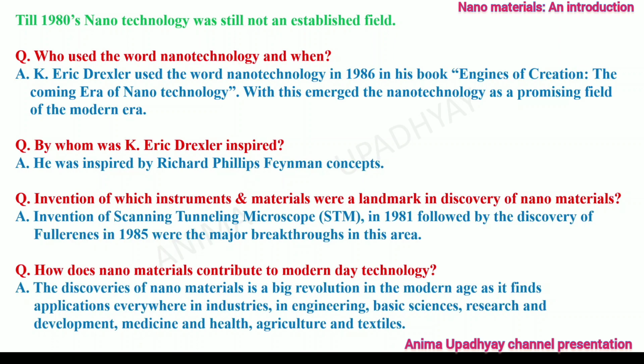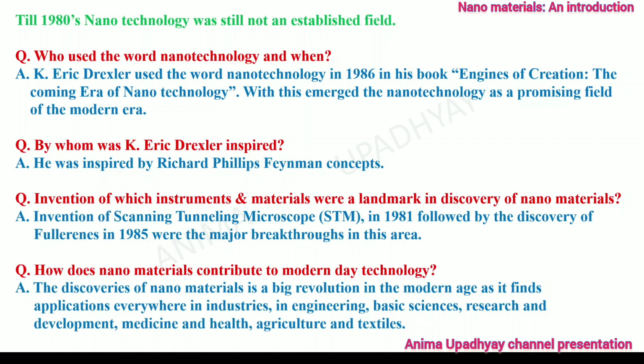It was in 1986 when nanotechnology actually emerged as a promising field. By whom was K. Eric Drexler inspired? He was inspired by the father of nanotechnology, none other than Richard Phillips Feynman's concepts.